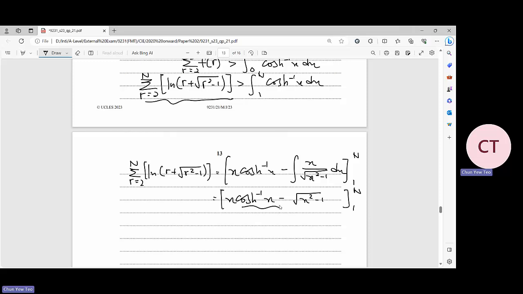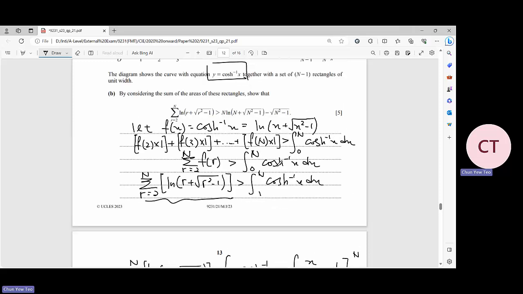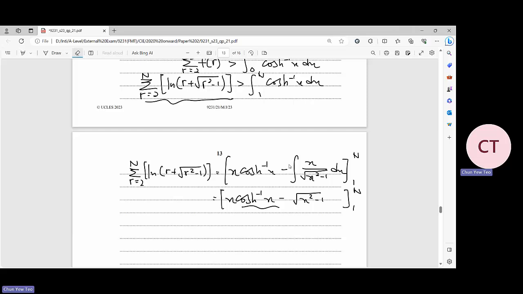But this is an inverse hyperbolic, and the given form is in terms of ln. So again, we need to convert the arccosh to the logarithm form. It will be x ln of x plus the square root of x squared minus 1, minus the square root of x squared minus 1.